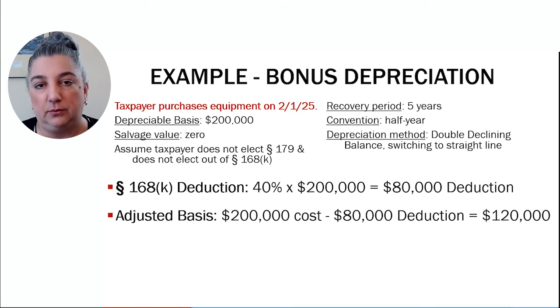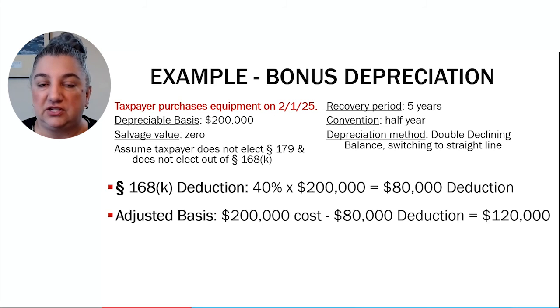So the taxpayer would apply that applicable percentage of 40% and would be able to deduct 40% of the $200,000 basis, or $80,000, under Section 168(k). And under Section 168(k)(1), that reduces the taxpayer's basis in the property, so from $200,000 to $120,000.